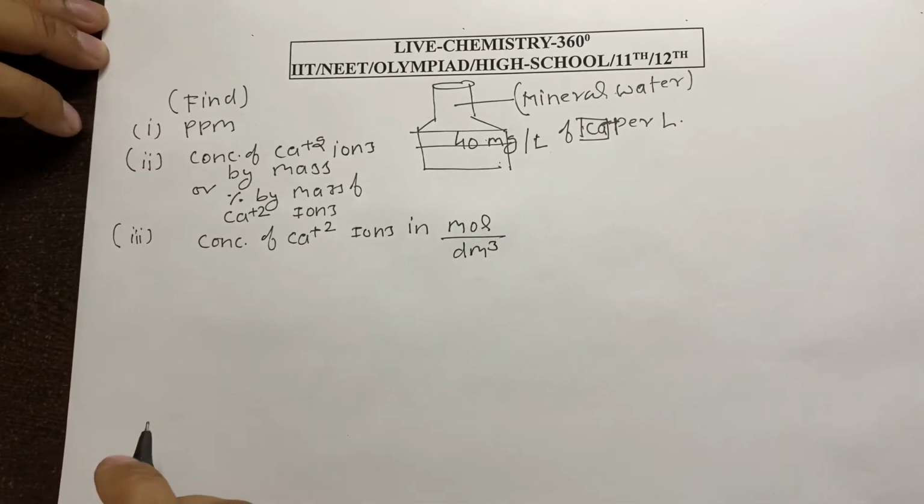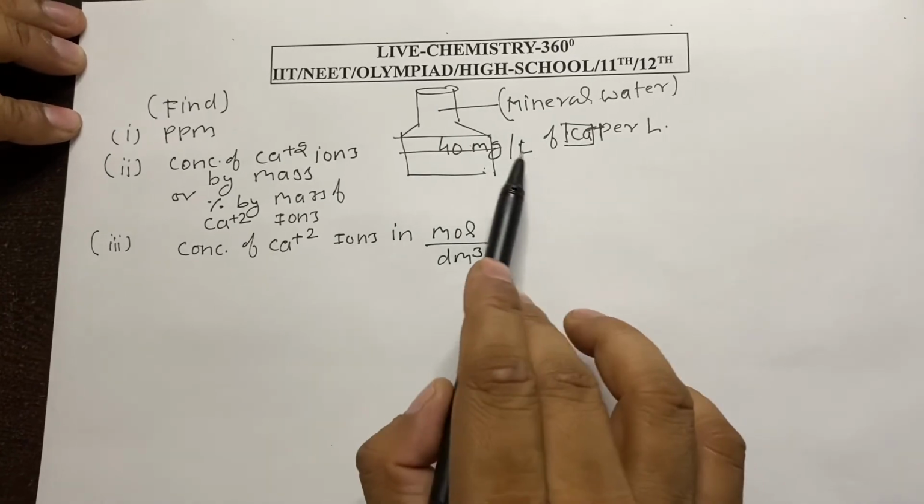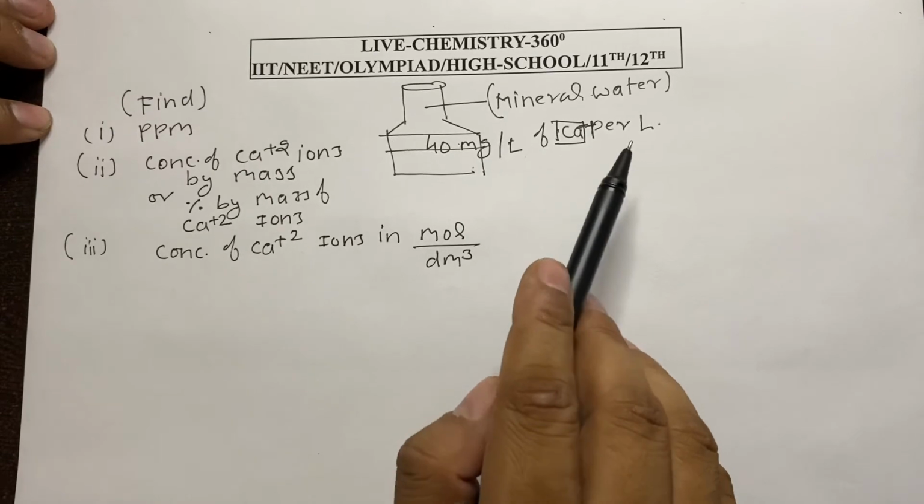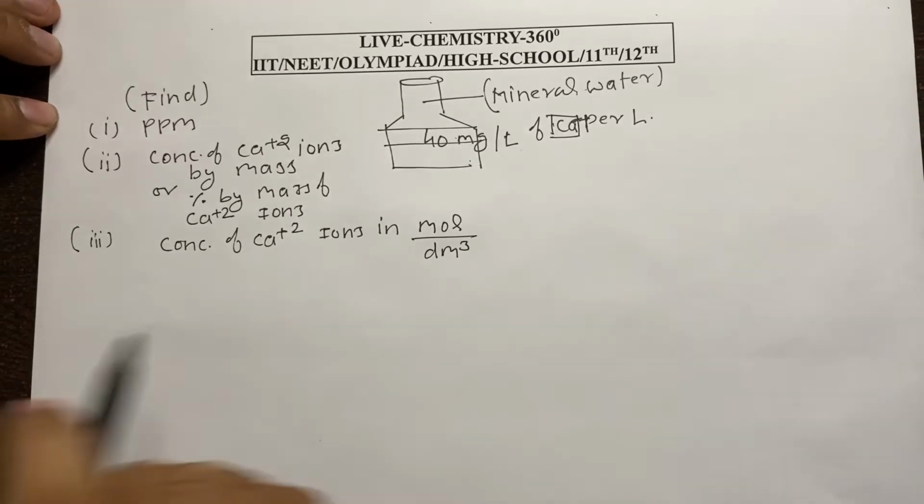So these three parameters are required to calculate when a bottle of mineral water is labeled as 40 milligram per liter of calcium.